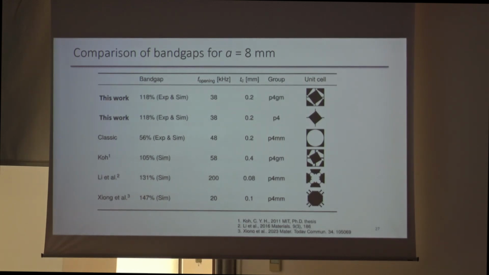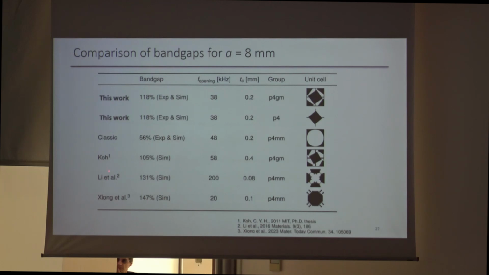And then, so where do we stand in the literature, right? Because there are a lot of works on phononic crystals. So in this work we report both experimentally and numerically extremely large, close to 120% bandgaps. And also, what is important is that the opening frequencies are quite low. It's around 40 kilohertz.